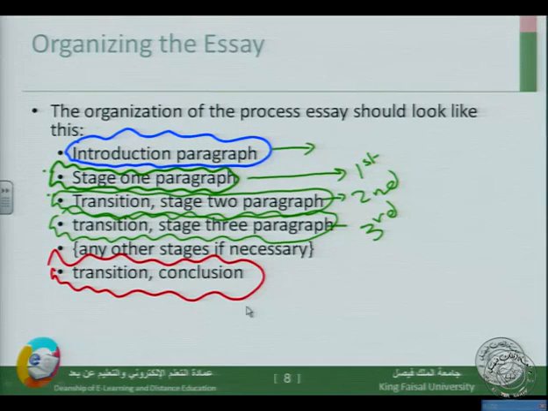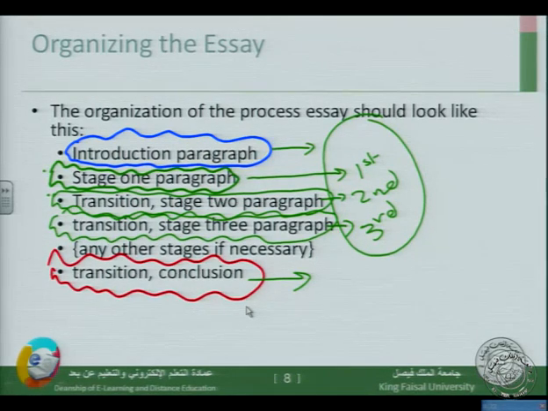Notice that each paragraph takes 1 reason in the topic sentence. Then we have a conclusion. The conclusion summarizes the thesis statement and the 3 reasons. So this is how to organize your essay.